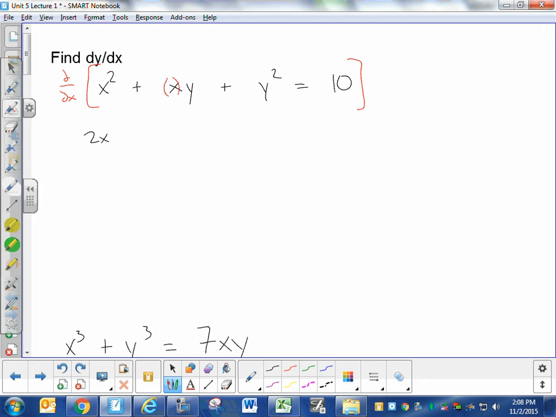Remember the product rule. Remember the derivative of anything with a y will include a dy/dx. Remember the derivative of y is just dy/dx.